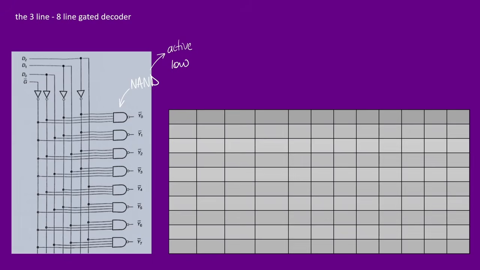All right, so we see how this is different from the other circuits we've covered in this video. We have gated inputs, so we're going to start with our gate G, our inputs D2, D1, and D0. Okay.